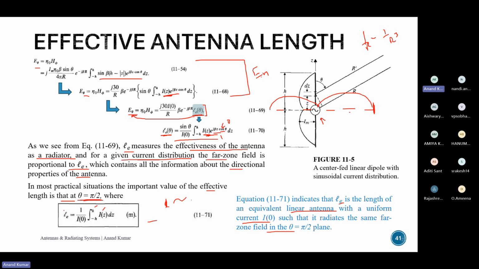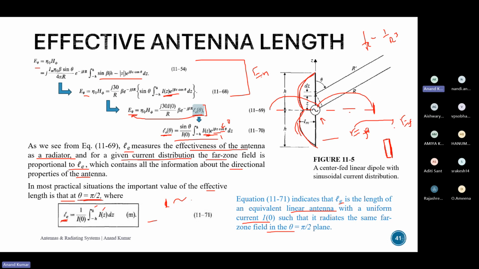What we're trying to say is that LE gives the length of the antenna such that, for this dipole radiating some E field in the far field, and whose current distribution looks like this, some sort of sinusoidal distribution, there could be another antenna with equal current throughout the dipole, and this would radiate the same electric field values.